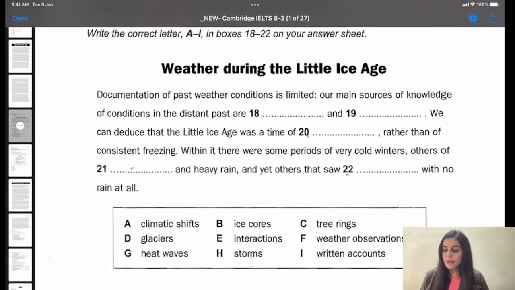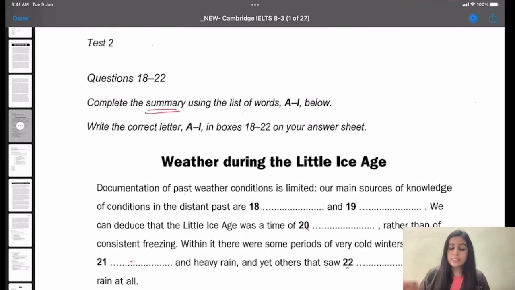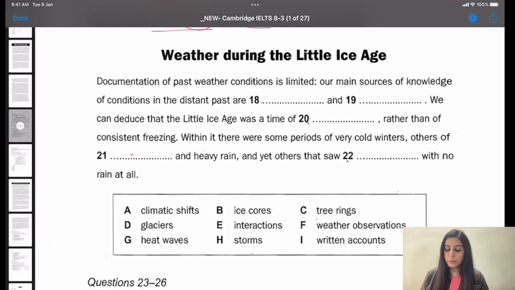So what is the very first step? Just like I discussed in the last video, the very first thing you have to do is read the instructions very carefully, and this applies to all your questions. Here it says write the correct letter A to I in boxes 18 to 22, which basically means you just have to write the alphabet.